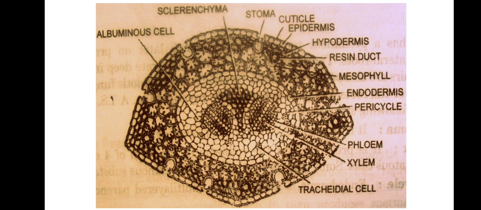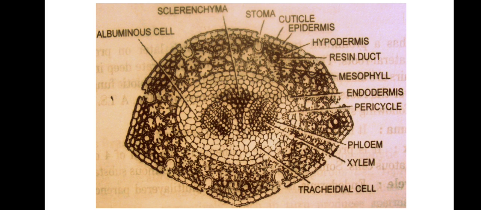So that means the transfusion tissue helps the transport. Lastly, albuminous cells transport organic substances between the phloem tissue and mesophyll. So this is the xerophytic nature of the internal structure of the Pinus needle.